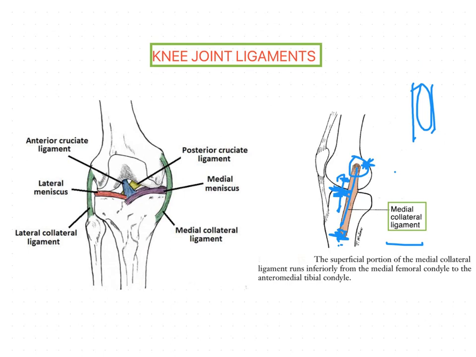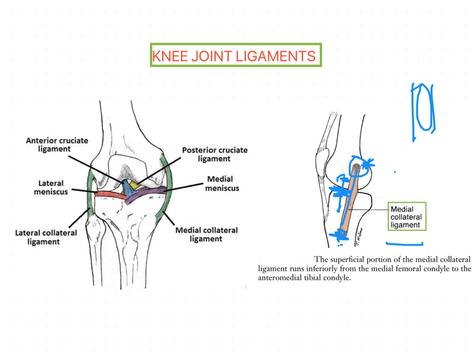This is the attachment of the medial collateral ligament. Now the function of the medial collateral ligament: specifically the superficial portion is the primary restraint to excessive valgus.